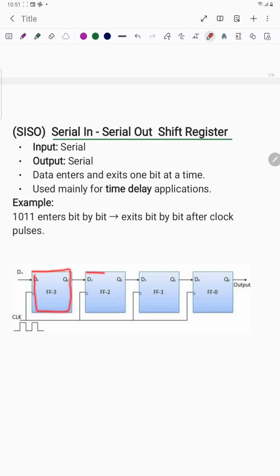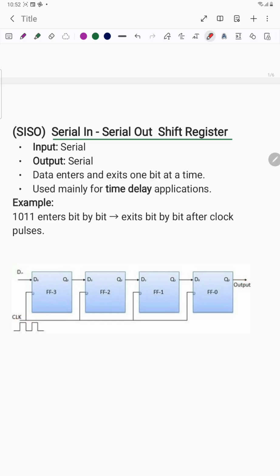You can draw the block diagram for the shift register, it's very easy. Draw the 4-bit block diagram with 4 flip-flops: flip-flop 0, flip-flop 1, 2 and 3. Then it's connected serial in and serial out.